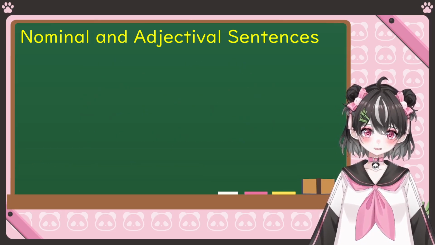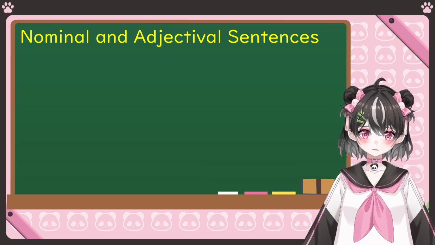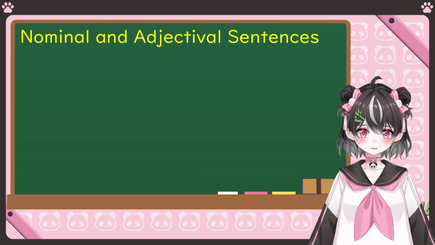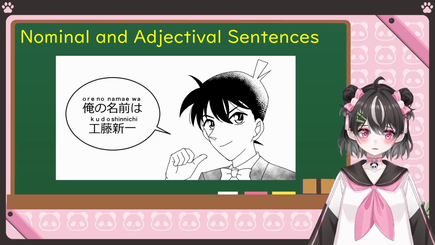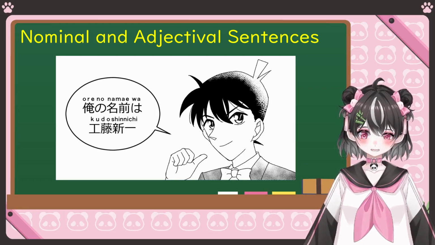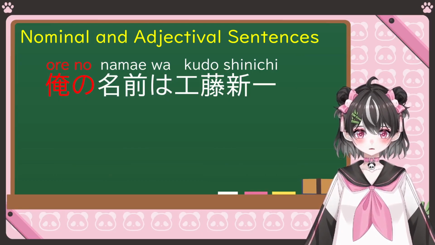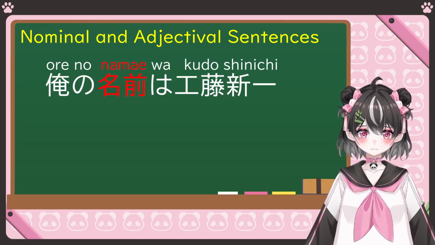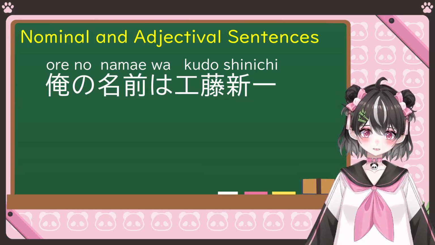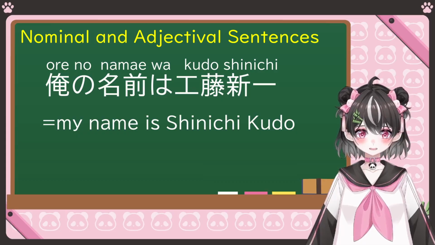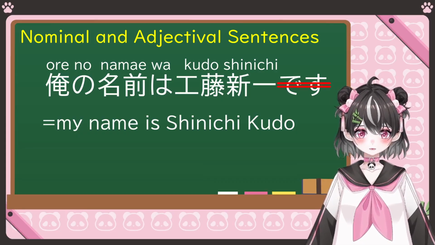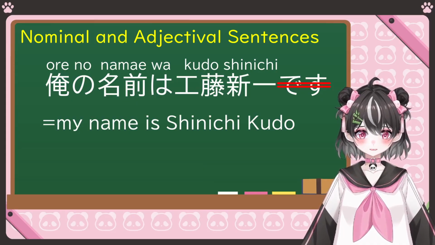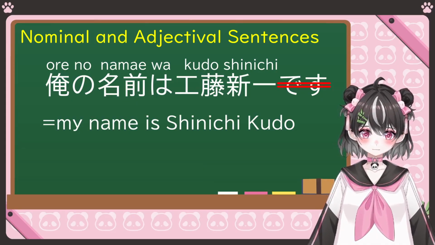If you like Detective Conan, you might have heard the main character introduce himself by saying, 俺の名前は工藤新一. 俺の is my, 名前 is name, so it's my name is Shinichi Kudo. He doesn't use です because there's no need to be polite in that situation.